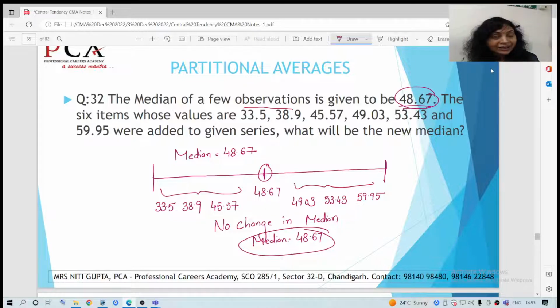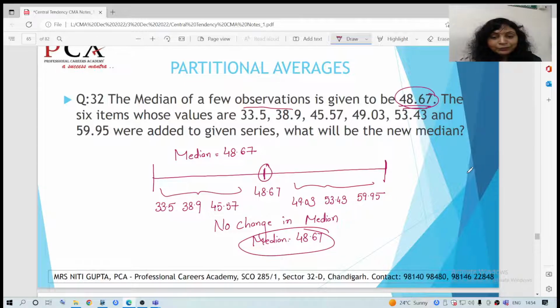But we can't say with accuracy what the new median will be, because we don't know about the other items. How can we say which one is now in the middle? So we can simply comment on whether the median will change or not. In this scenario, the median will not change, but if there is unequal distribution like 4 on the left hand side and 2 on the right hand side, then our answer will be that the median will change, but we can't say what the new median will be.